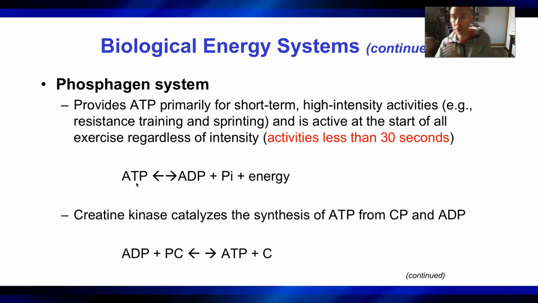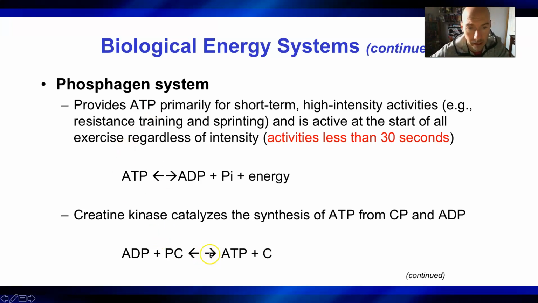So if I get up and jump out of this chair and start walking around, the act of getting up, which only takes me like 2 seconds, could be primarily fueled by the small amount of ATP that I have stored in my body. That's going to quickly be gone. And the next thing that takes over to start giving me more ATP is the creatine, the phosphocreatine system. So these two things are both included in the overall description of the phosphagen system.